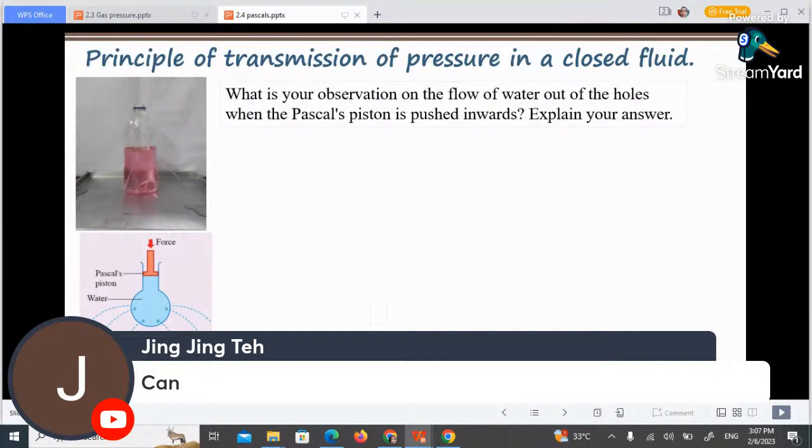So 2.4 Pascal principle actually discusses the principle of transmission of pressure in a closed fluid. Okay, when we talk about fluid, it can be liquid, it can be gas.